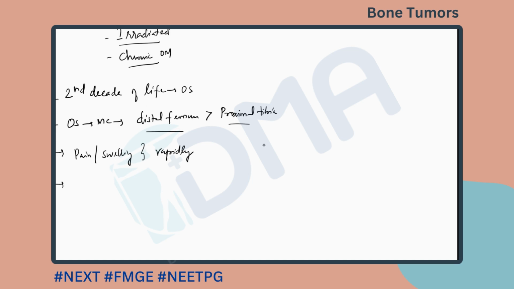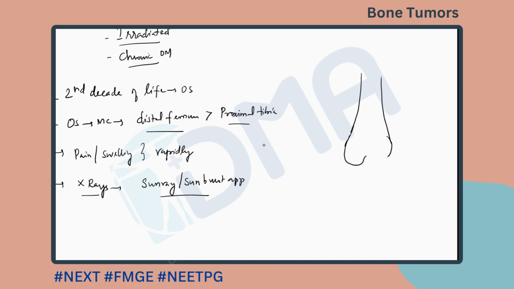You can diagnose osteosarcoma by taking X-rays. In an X-ray, the patient will have a sunray or sunburst appearance. Now, why is this called a sunray or sunburst appearance? Let us consider this is a bone. This is a distal femur.